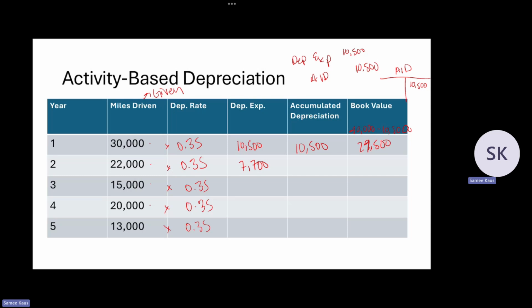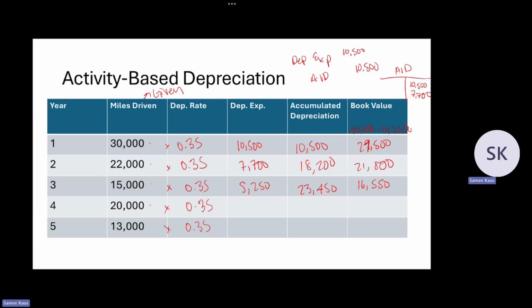I add that to my 10,500 for total accumulated depreciation of 18,200. So I have a book value after I go through this process of what? 21,800. I take depreciation expense of 5,250. Add that to my accumulated depreciation for a total of 23,450. I have a net book value of 16,550.